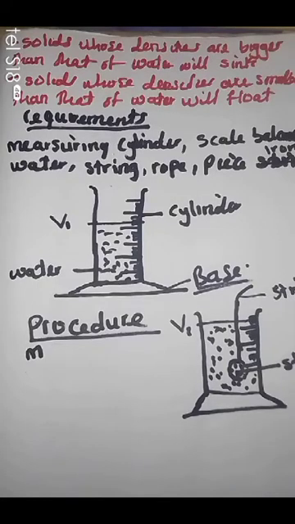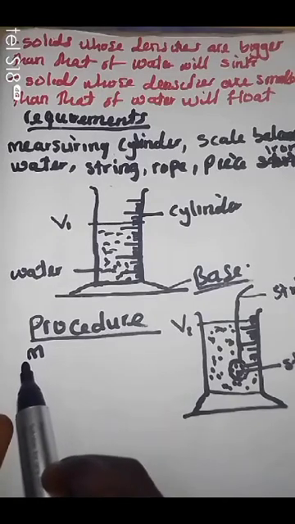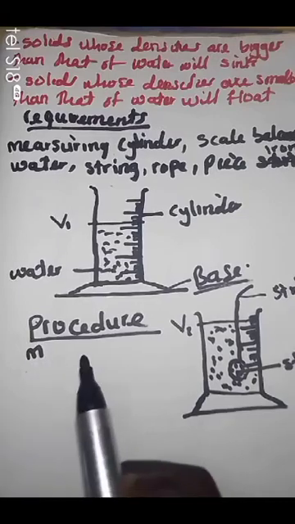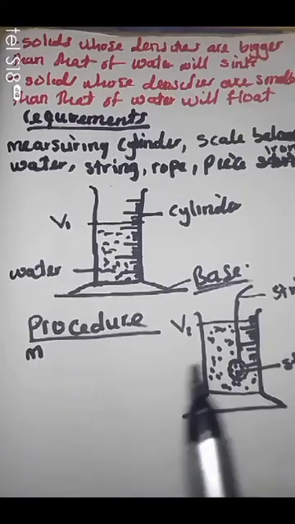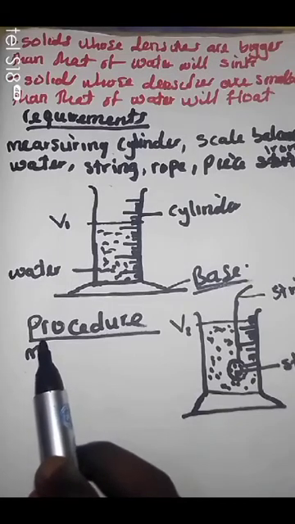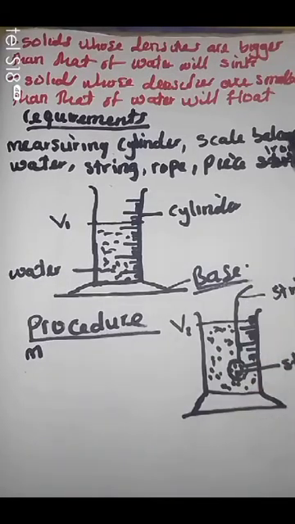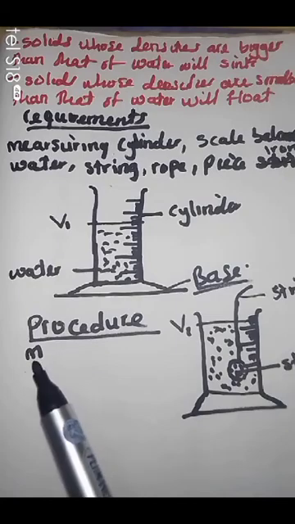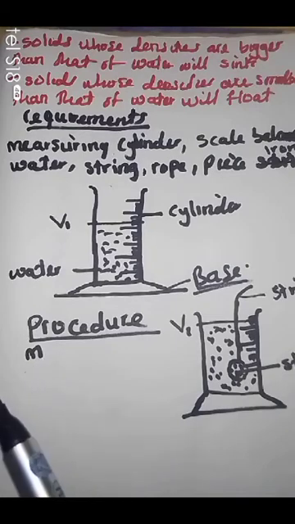The mass is recorded as m, which is in kilograms or in grams. Then at the end of the day, you can convert from grams to kilograms. The mass is measured using the scale balance, which was one of the requirements we listed, and its mass m is determined.